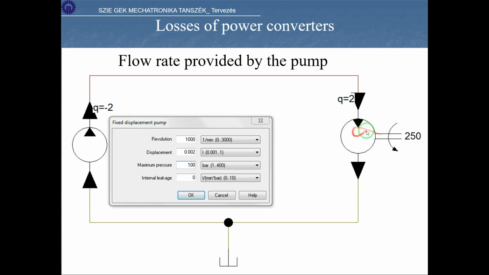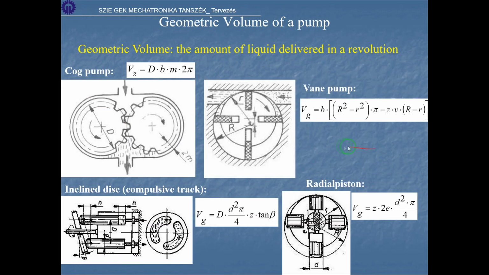And we have a hydraulic motor here which has another triangle, but this triangle points inward to the device, so I know it's a motor which will convert the hydraulic energy to mechanical energy through this shaft. Fairly easy. But how can we make this hydraulic energy?